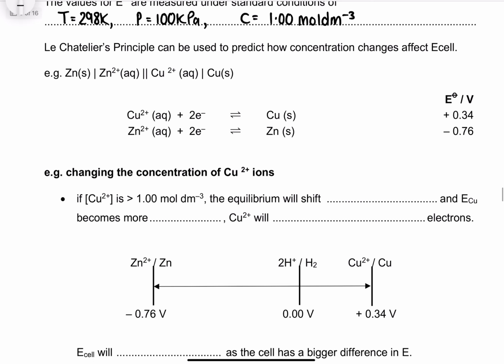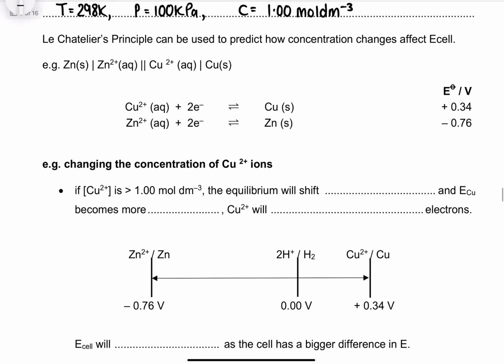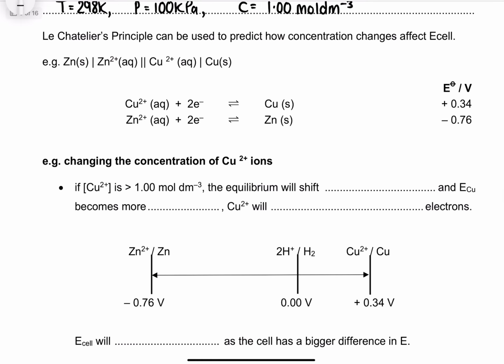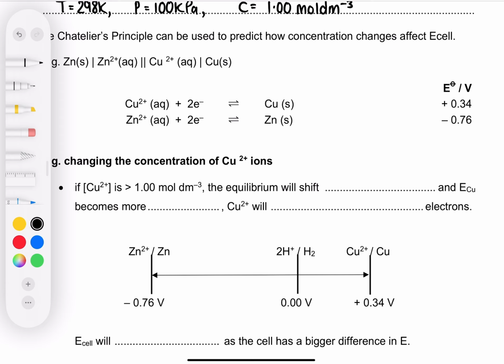So we can use Le Chatelier's principle again, which we use quite a lot in our A-level studies. We're looking at this zinc copper cell again. Remember that the species on the right-hand side undergoes reduction, and the species on the left-hand side of this standard representation undergoes oxidation.